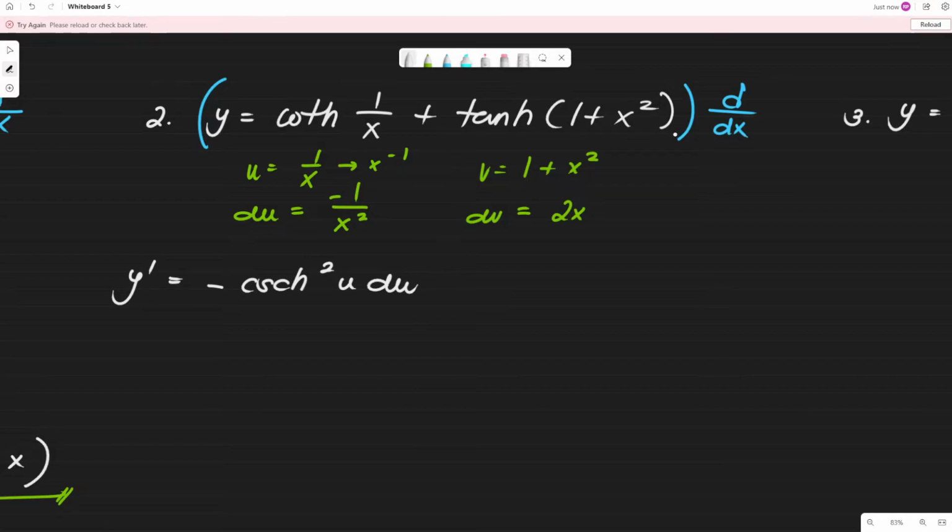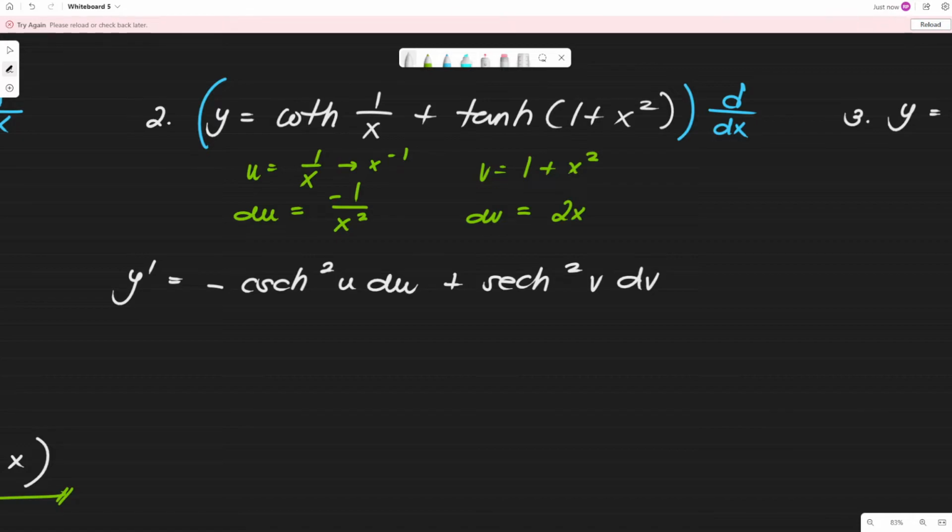Then, hyperbolic tangent, that is plus hyperbolic secant squared v dv. So, para mas maayos, pagpapalitin ko sila. Bali, magiging sech squared v dv minus csch squared u du pala. Sorry, kasi nagpalit pala tayo ng variable dito. I just did it para hindi natin mapag-interchange yung dapat na mapunta dun sa kanya-kanyang functions.